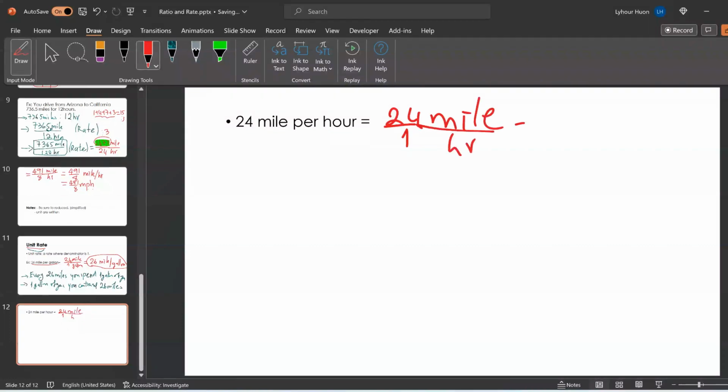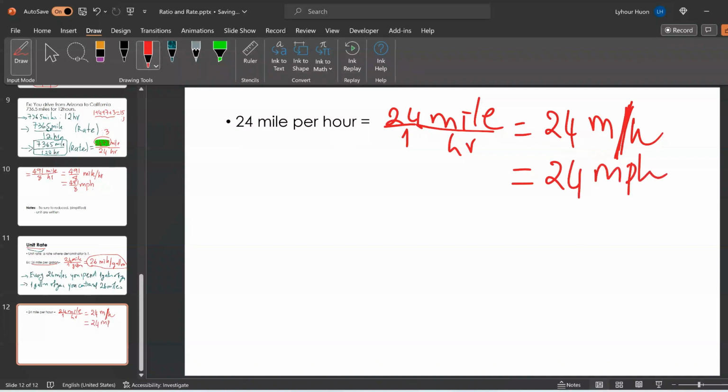Or sometimes you can write it as 24 miles per hour. And some people don't want to write all that, so they write 24 mph.